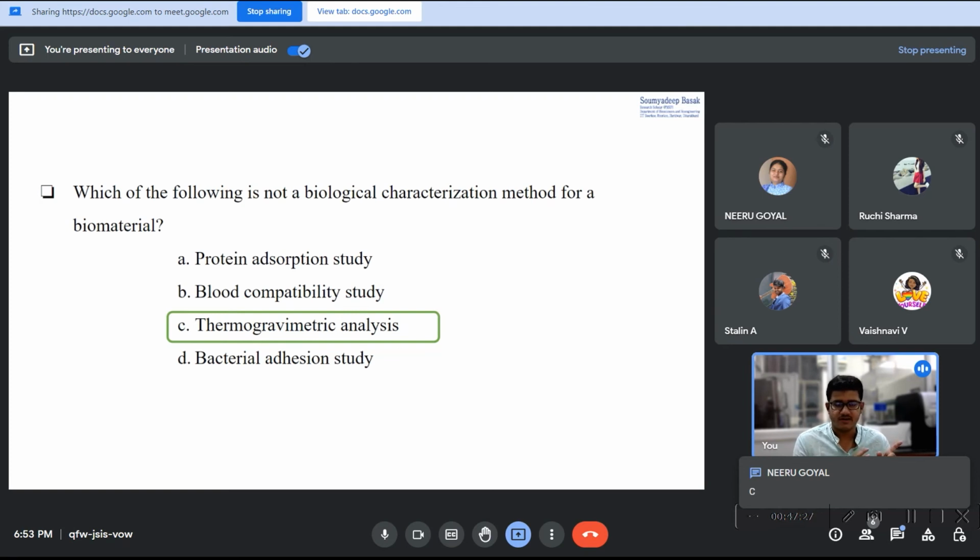TGA gives the thermal properties of a material. If you start raising the temperature, we can see how its weight changes. That kind of data we can find with TGA, thermogravimetric analysis. But protein absorption study, blood compatibility study, and bacterial adhesion study give biological characterization. Right?